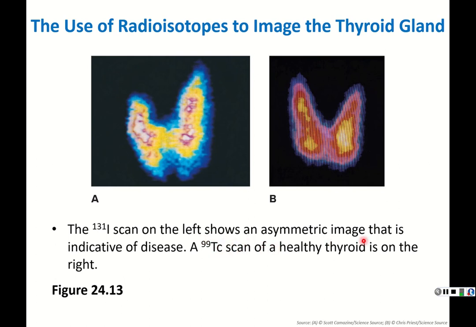That scan of a healthy thyroid is on the right. So the one's asymmetric, and the other is more symmetric. So using radioactive nuclei to image things has been used widely for years.